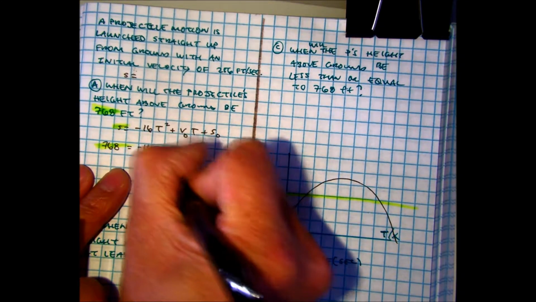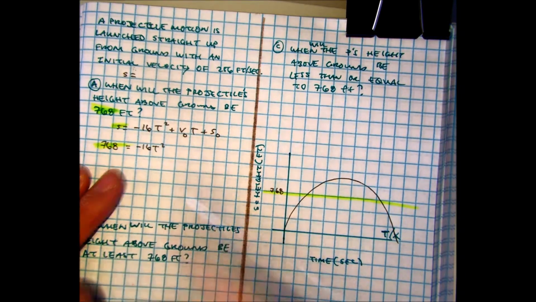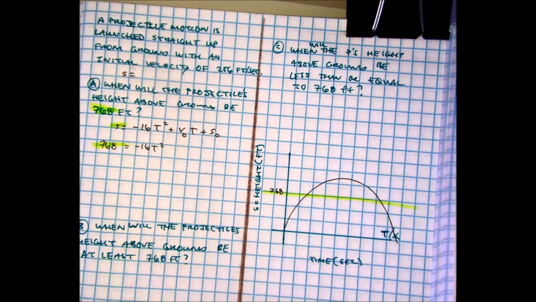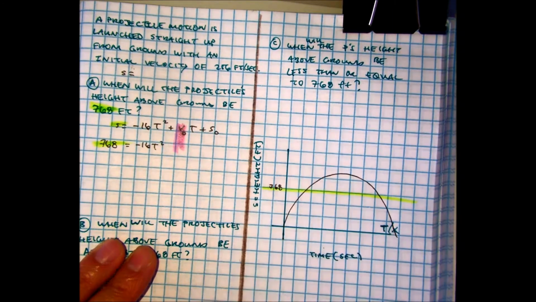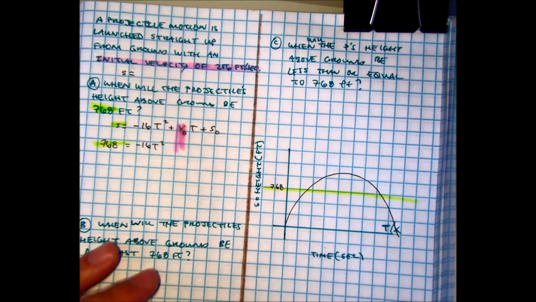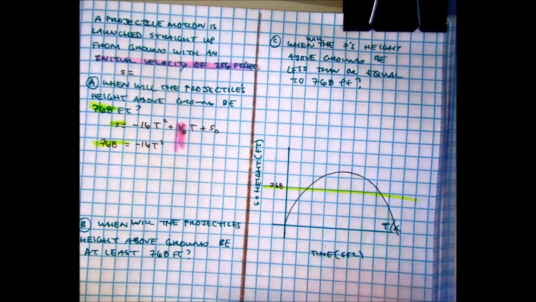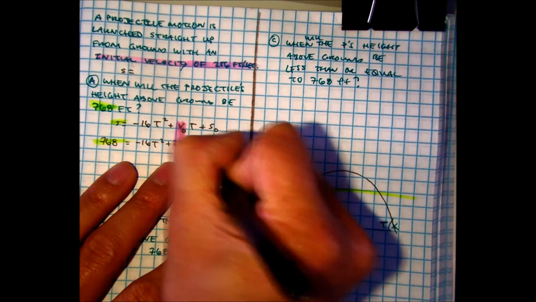Negative 16t squared. I made my t's capitals so I don't confuse them with the plus sign. My initial velocity is here, 256t.